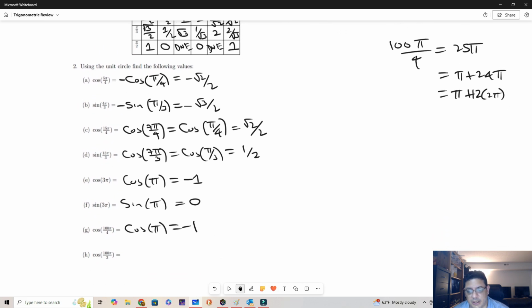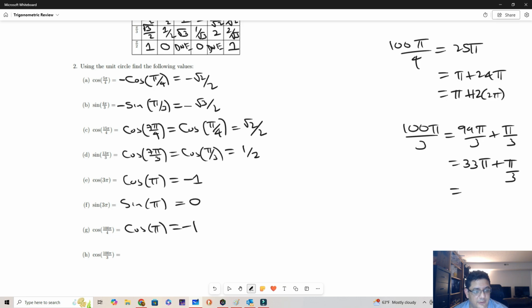Now similarly, cosine of 100 pi over 3. So 100 pi over 3, I can see this as 99 pi over 3 plus pi over 3. Now this 99 pi over 3, I can see it as 33 pi plus pi over 3. And now I would like to see this as something that is even, so 32 pi plus 4 pi over 3.